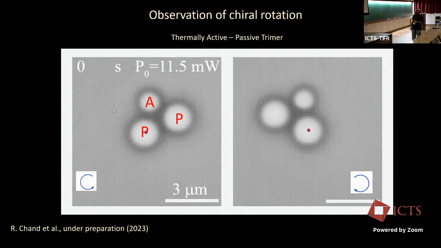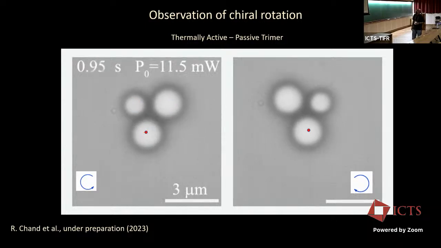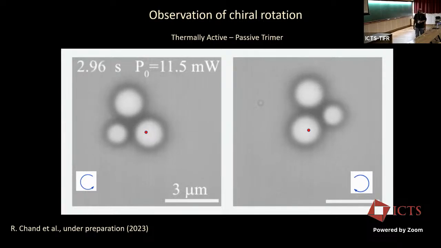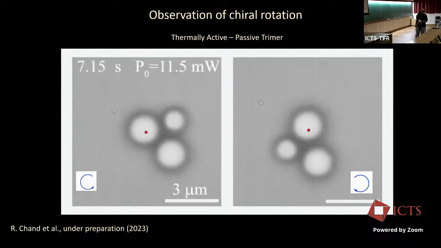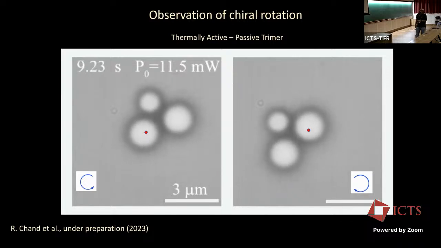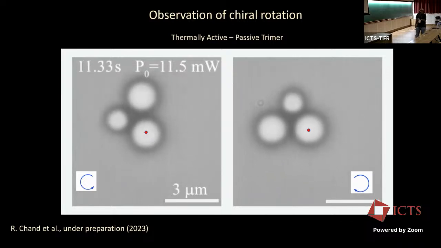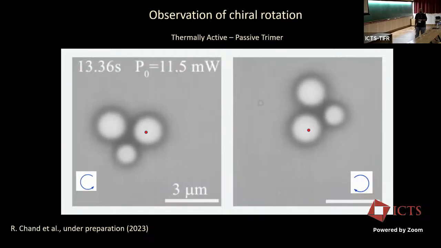This is one thing which is very fascinating. If you start mixing these colloids, 2 passive and 1 active, and you eliminate only 1 passive colloid, depending upon where this active colloid is sitting in the geometry, you'd be able to create chiral rotation. So you'd be able to generate rotation in one direction, and you can create a rotation in a different direction purely based on the location of the active colloid.